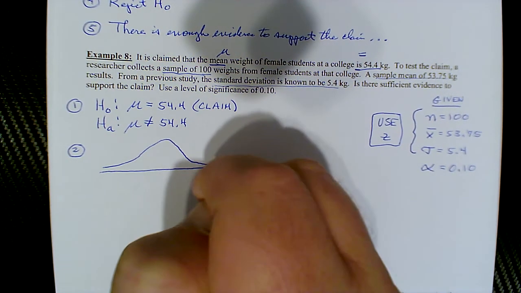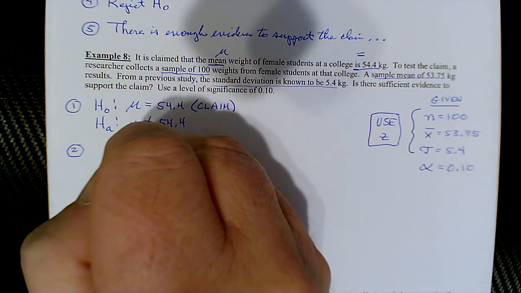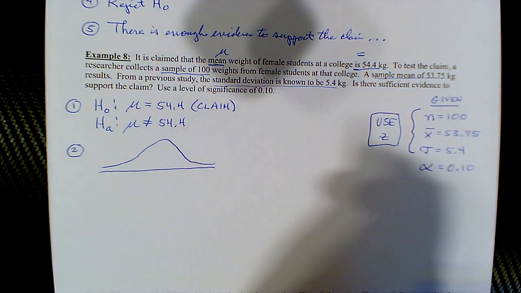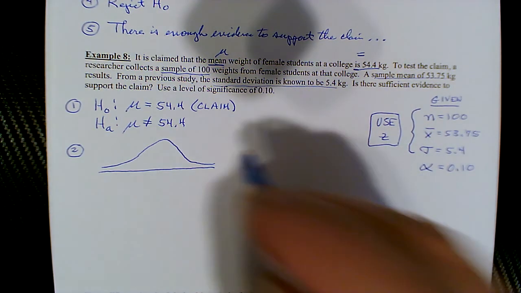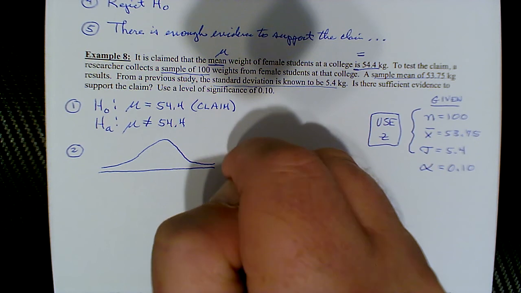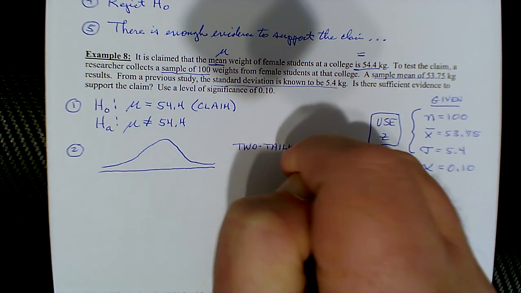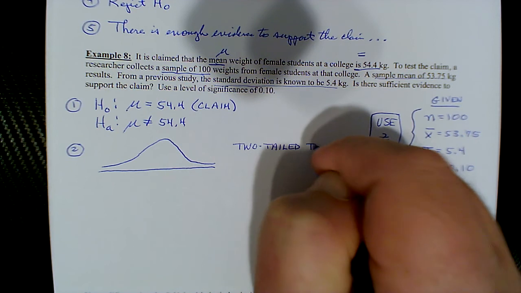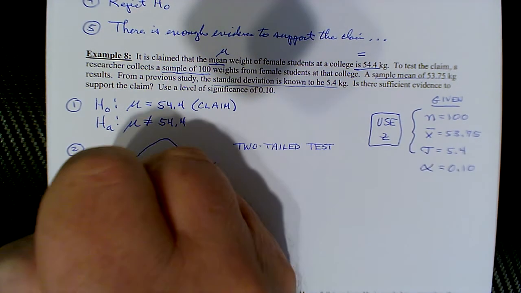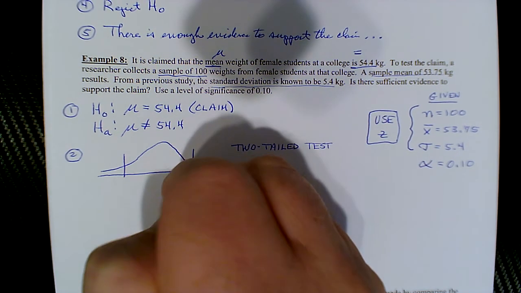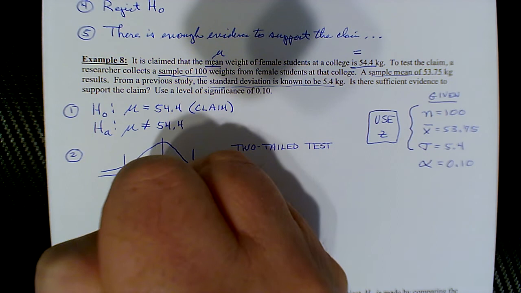So we draw two tails. Again, you could put z equaling 0 down the middle if you like. So here's z sub c, the right critical value. Here's z sub c, the left critical value. Shade in those tails. They represent the rejection regions.